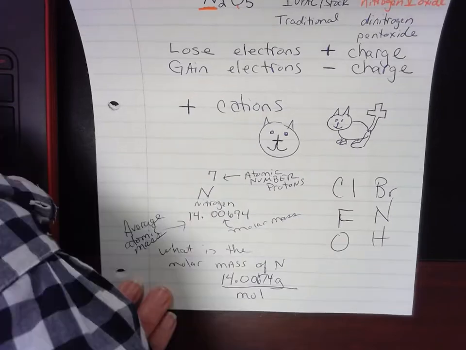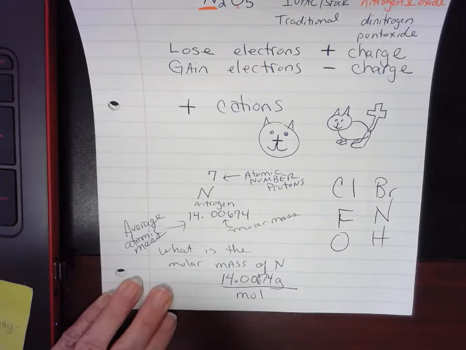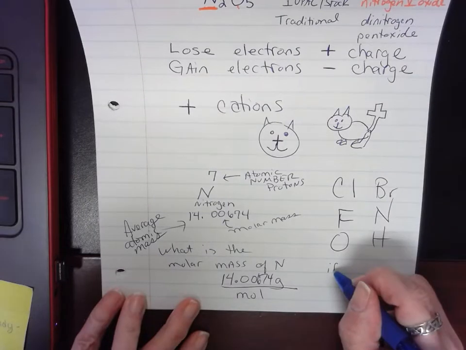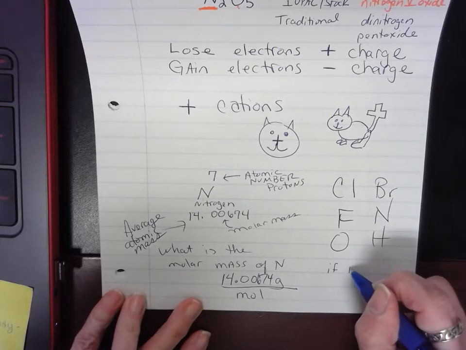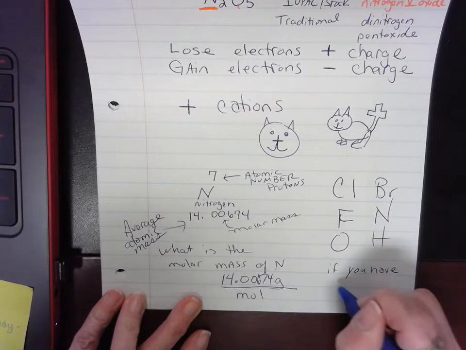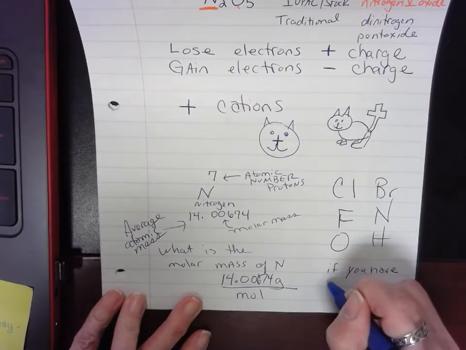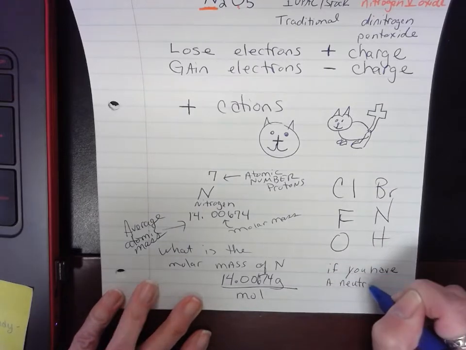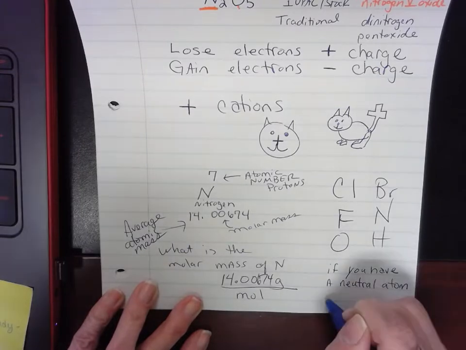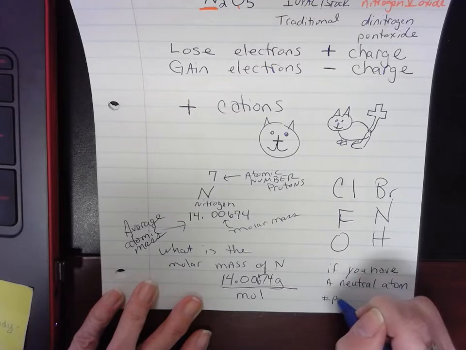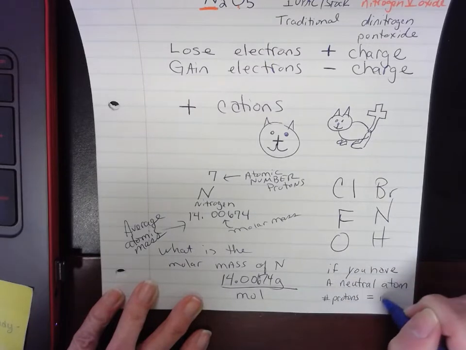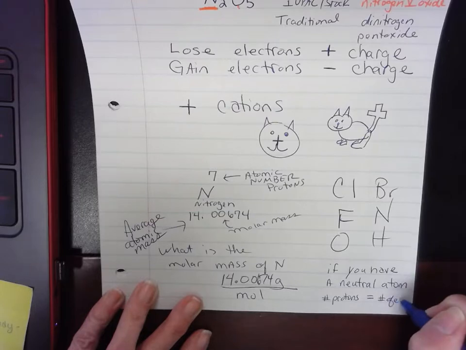All right. Now, if you have a neutral atom, the number of protons is going to be equal to the number of electrons if your atom's neutral.